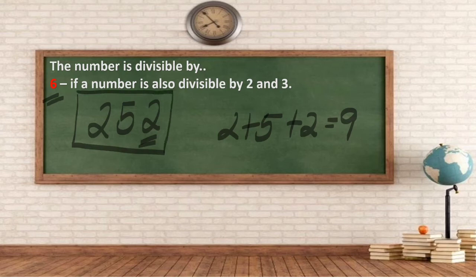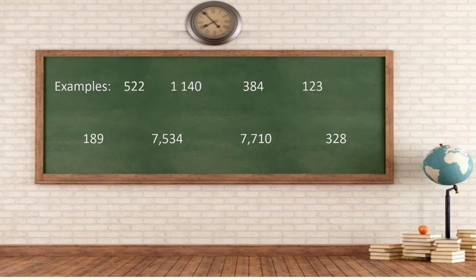Okay, we have here more examples. 522. So this is divisible by 2 because it ends with a number 2. Then if we add all the digits, 5 plus 2 plus 2, this is 9. So this is divisible by 6.